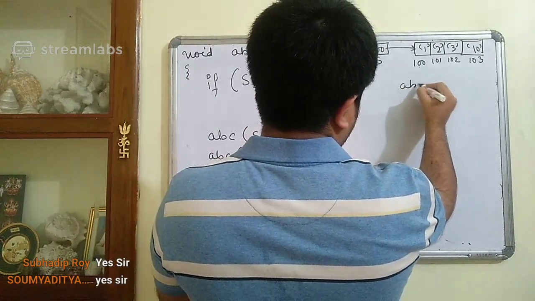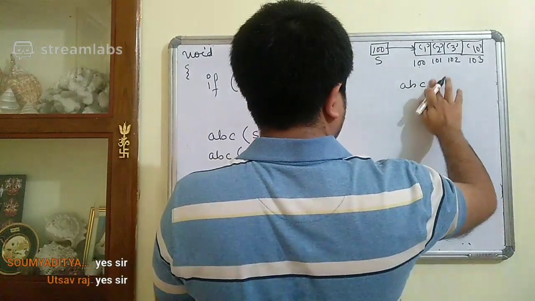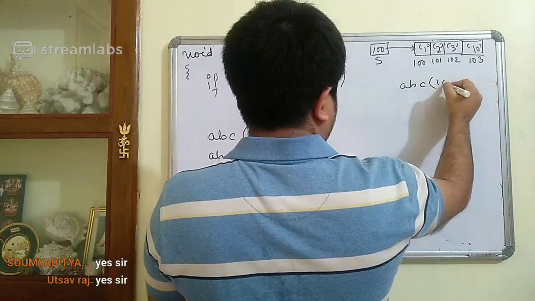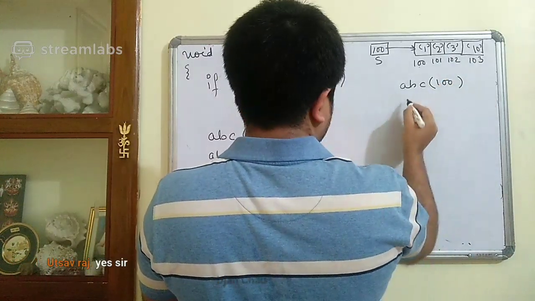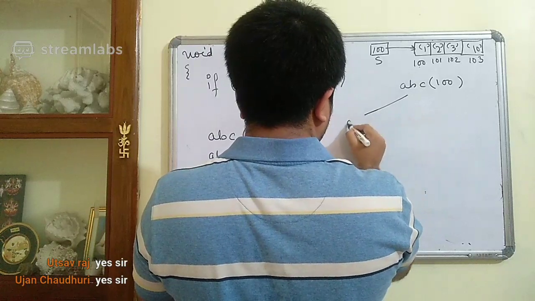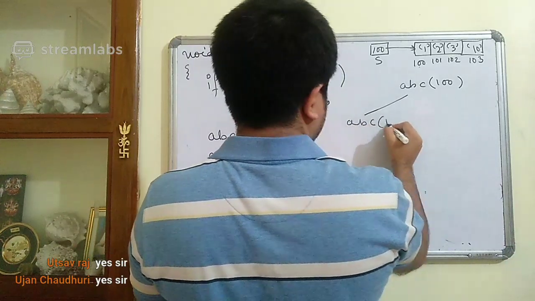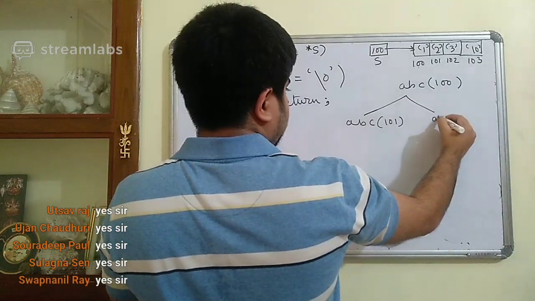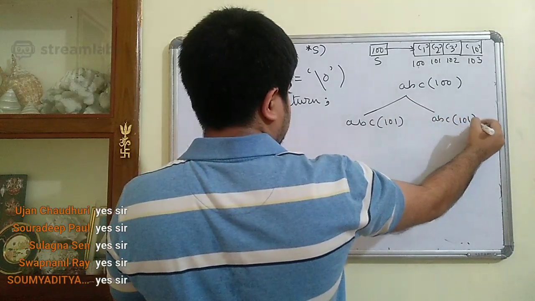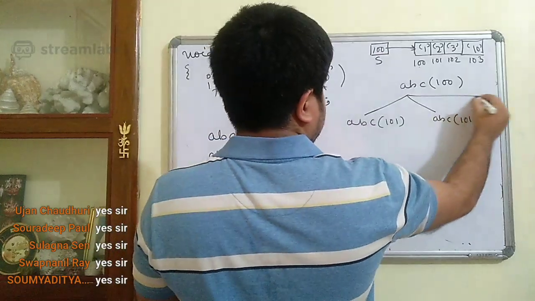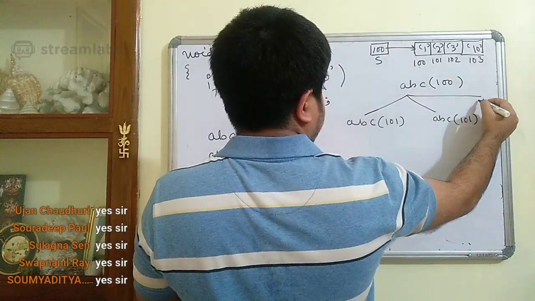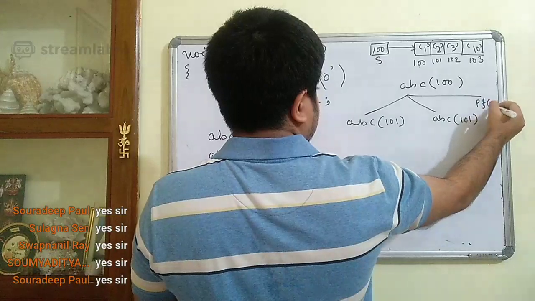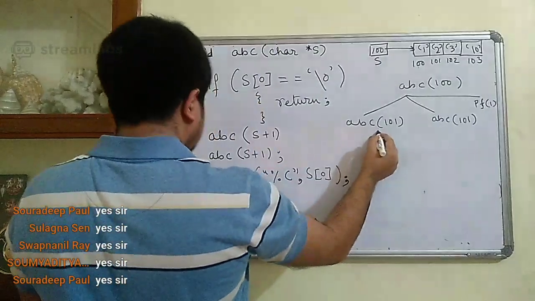Okay. So we have ABC with 100. Then ABC 101, and printf 1.